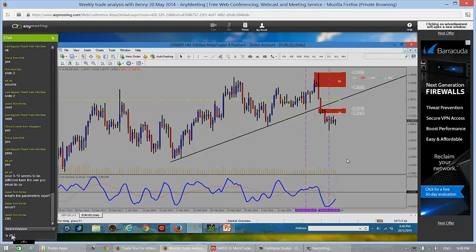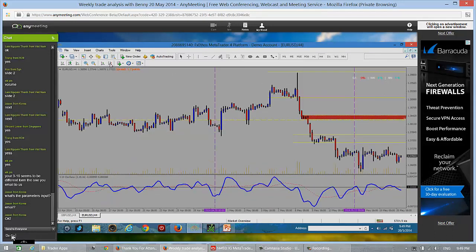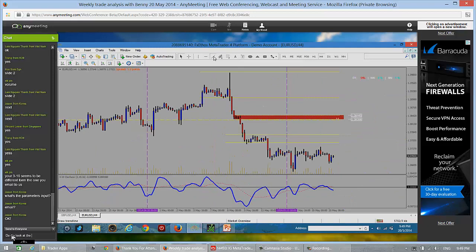When Yipeng this morning asked me to make some comments on the euro, I do not agree to go along with what Yipeng is suggesting, because Yipeng was looking at the trend line break on the H4, right, Yipeng?